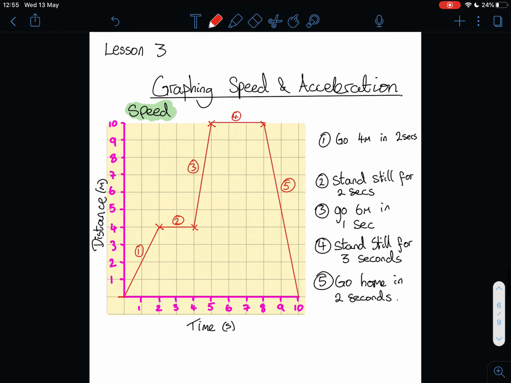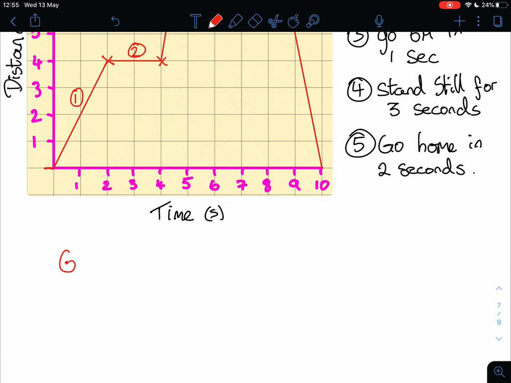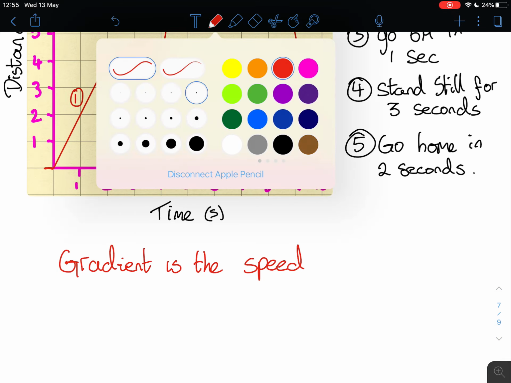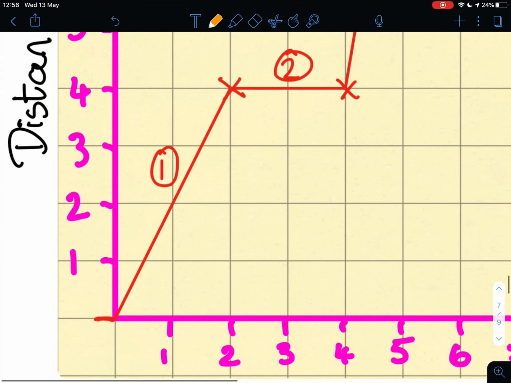Now, the thing you'll notice is the gradient all around this graph changes, and we can actually link the gradient, so copy this in, gradient is the speed. Because if we were to take the speed equation, speed equals distance over time. And if we look at this, we have distance in this axis.